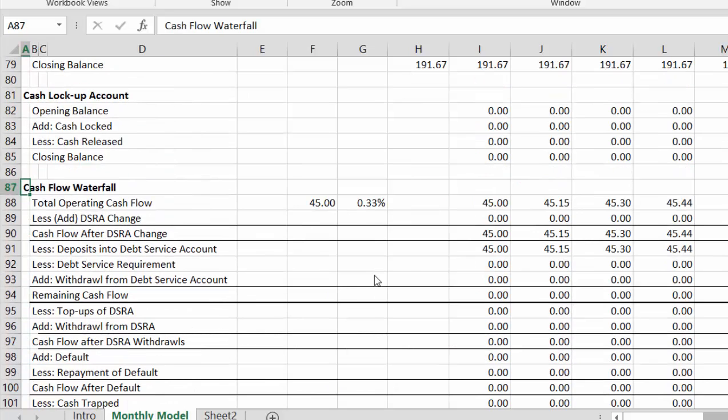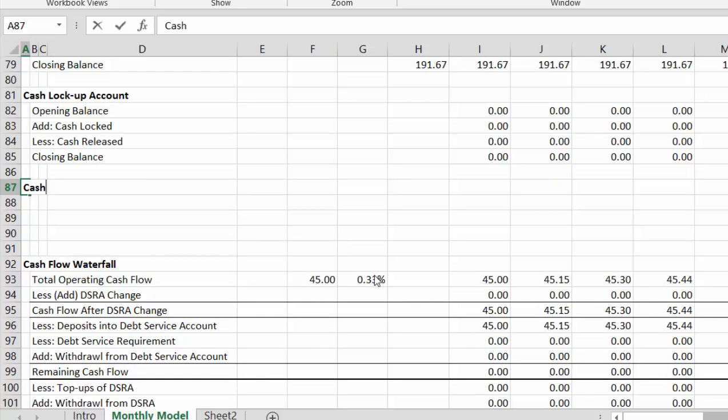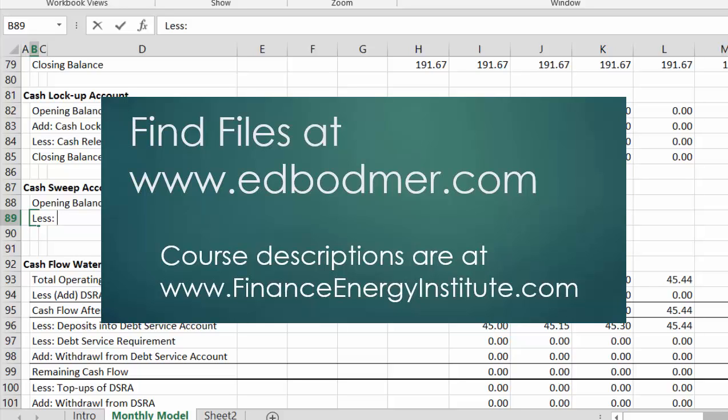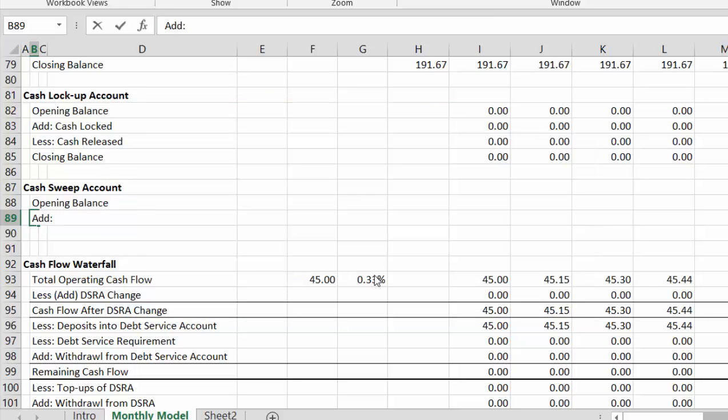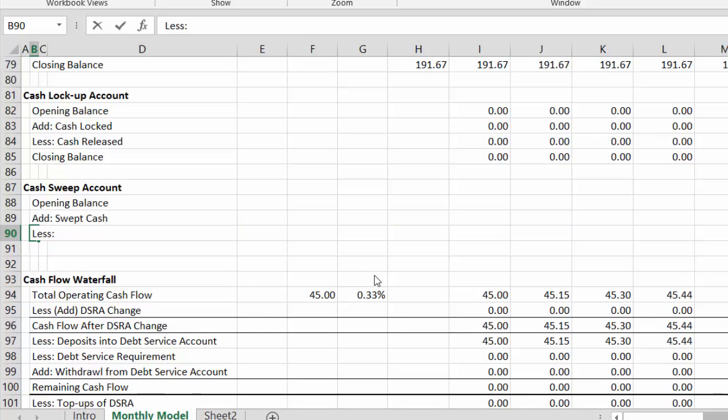we need to set up a cash sweep account. Just like we do before, we put, of course, an opening balance, and then we add into this account swept cash, and then we take away cash used for early repayment, and then we can put a closing balance.